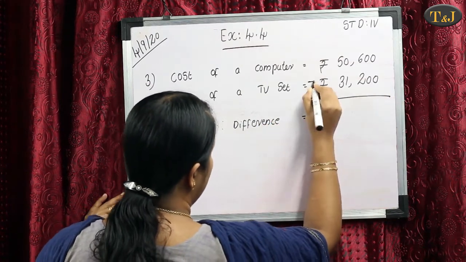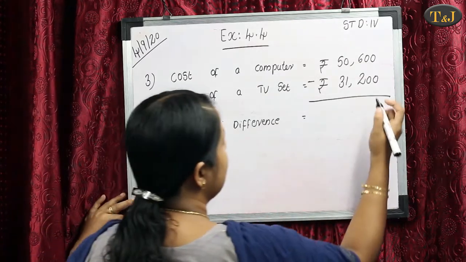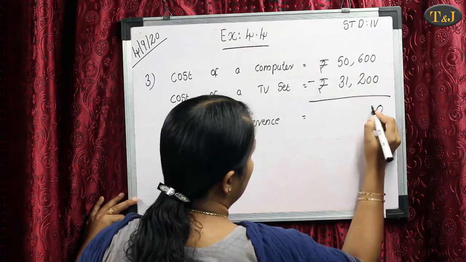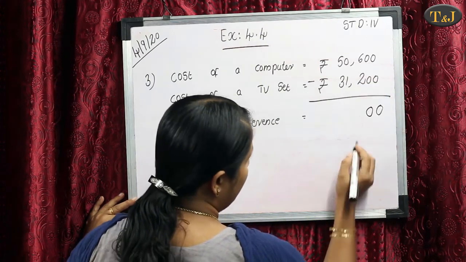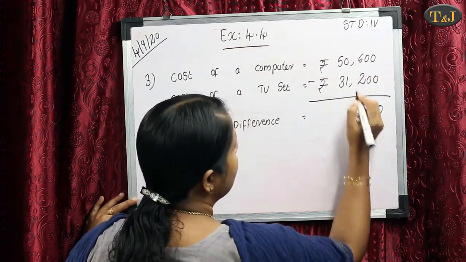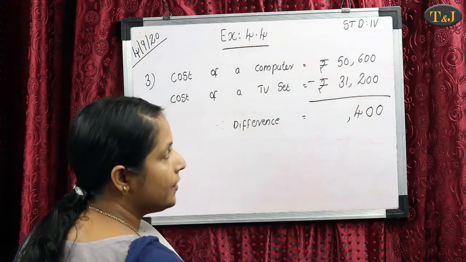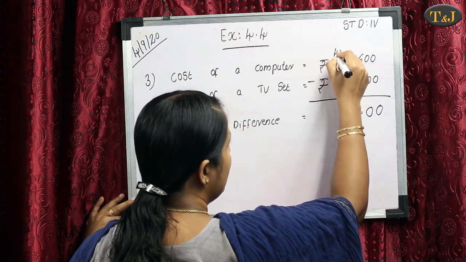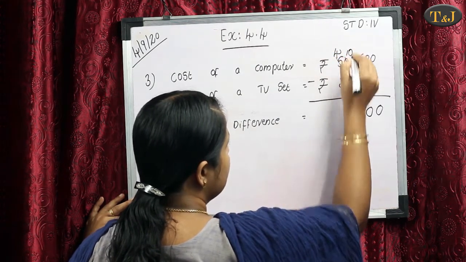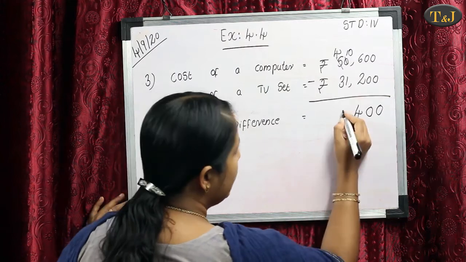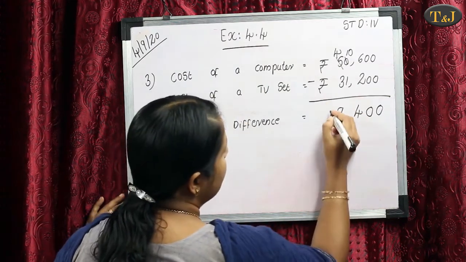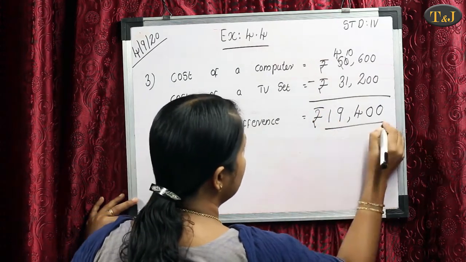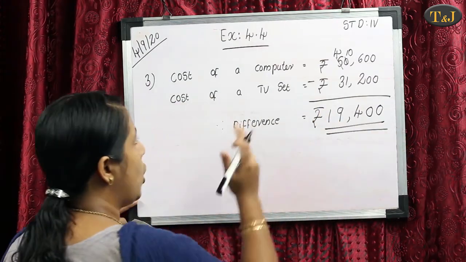So we write minus here, then subtract these numbers: 0 minus 0 is 0, then 0 minus 0, 0, 6 minus 2 equals 4, then 0 minus 1 is not possible. So again borrow 1 here, write 4 here and write the number as 10. Then 10 minus 1 equals 9. Then 4 minus 3 equals 1. So we get the answer as 19,400.